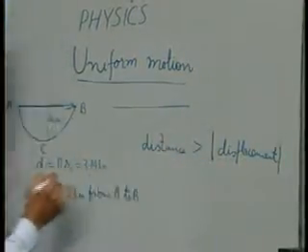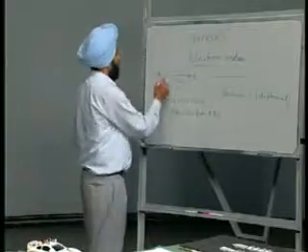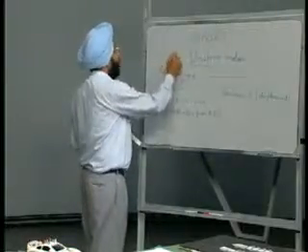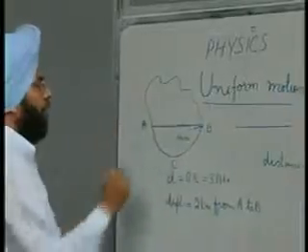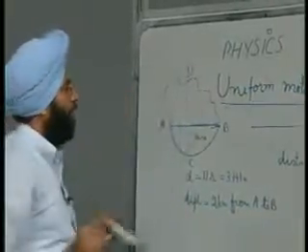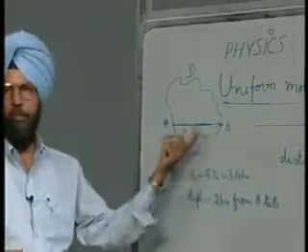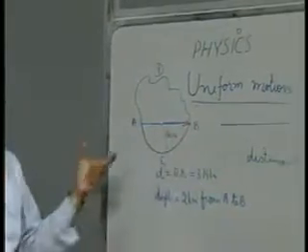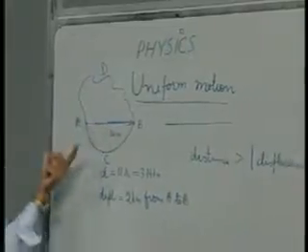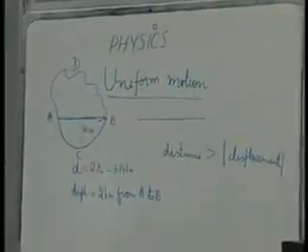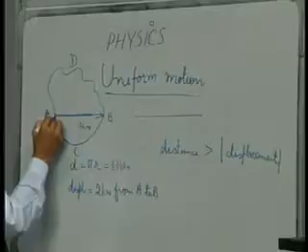Now, suppose instead of this path, we had followed this path ADB, even then displacement will be same. So, that means displacement is independent of the path followed by the particle.